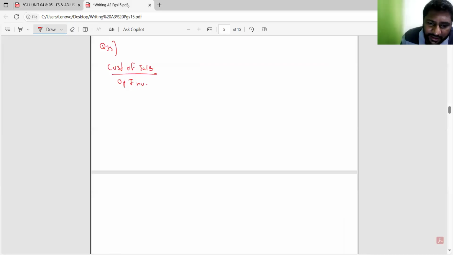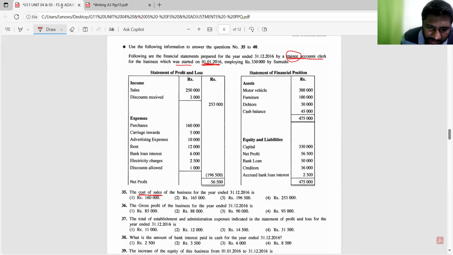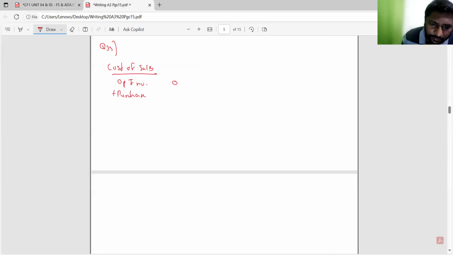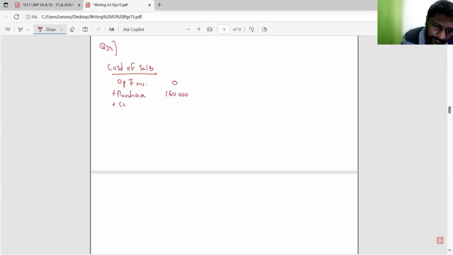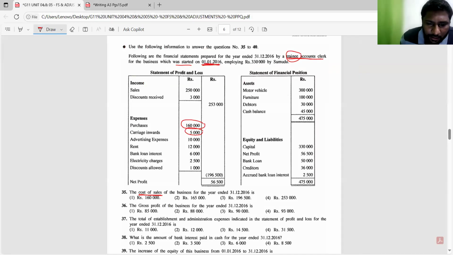Purchases 160,000. Carriage inwards is there, 5,000. Loading, unloading is not there. We have to take the closing stock. Closing stock, where are you?